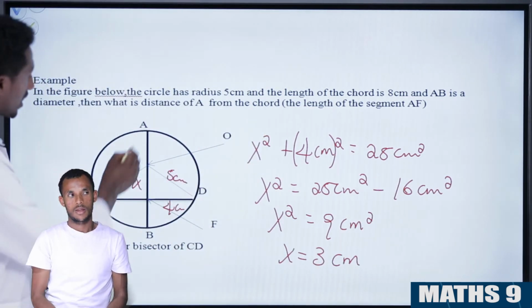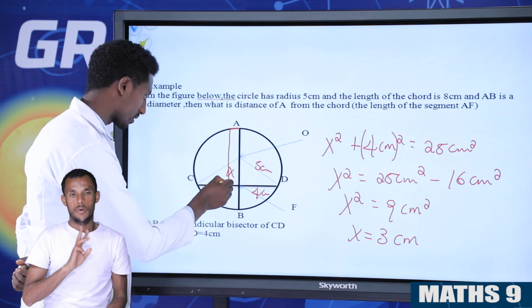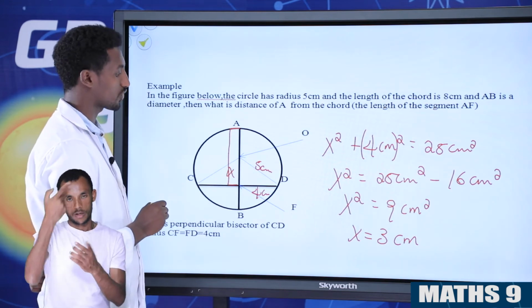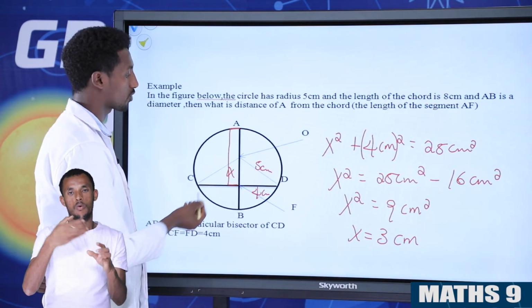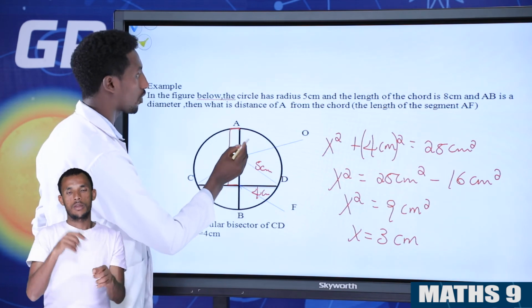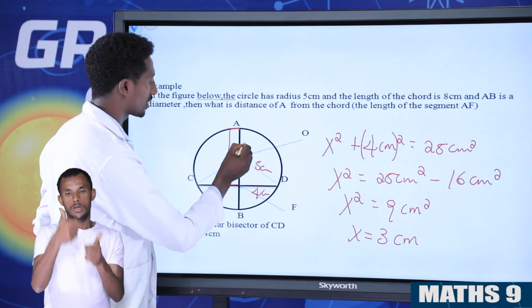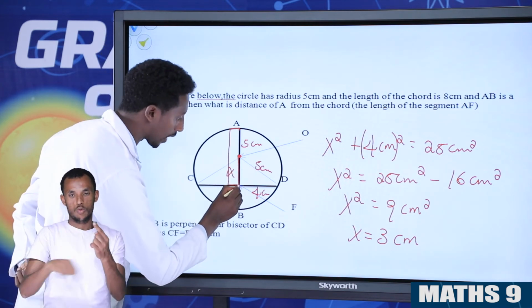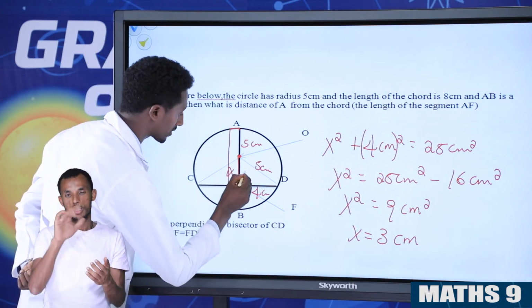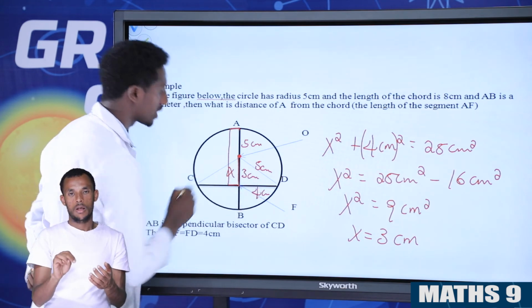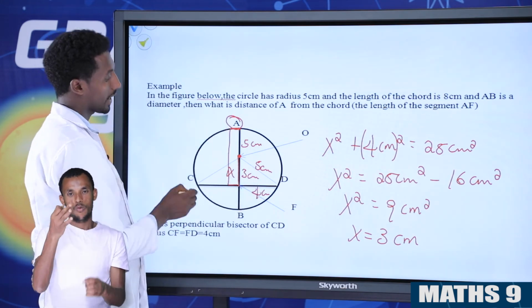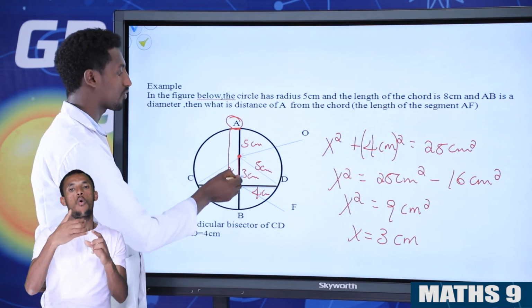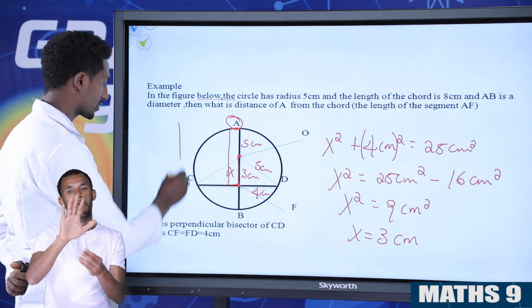We are asked to find this distance of A from the chord, meaning the perpendicular distance. From A to O, it's given, which is the radius, 5 centimeter. And from the center to this one is 3 centimeter. So the distance of A from the chord is the sum of 5 and 3, that is 8 centimeter.